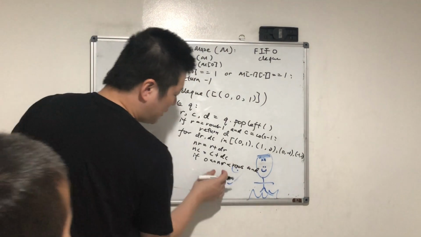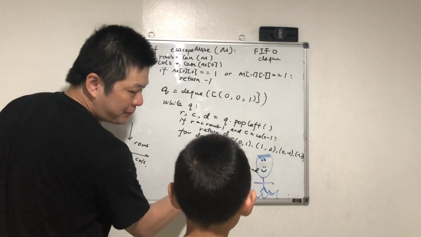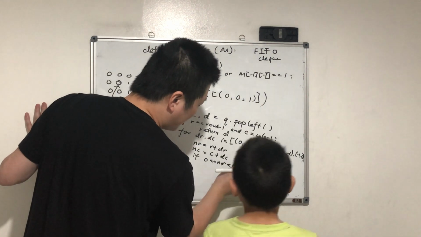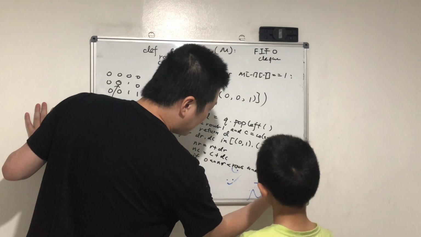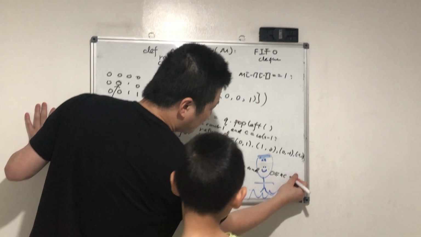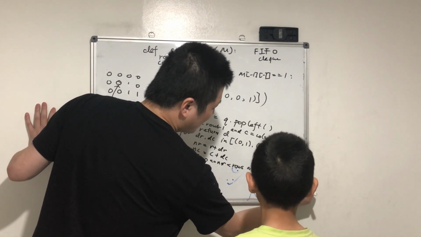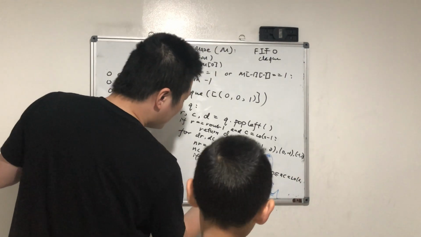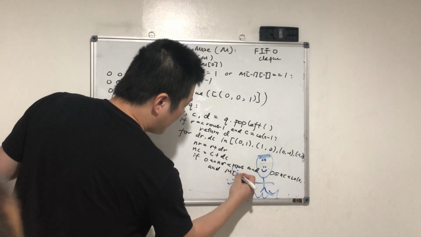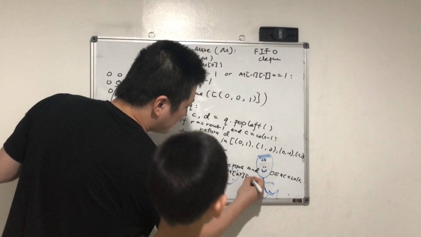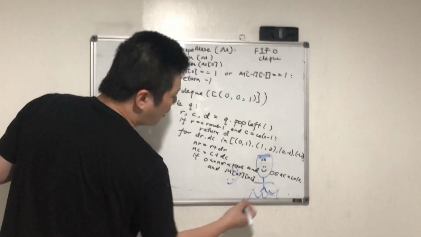The new row is between 0 and rows, and then NC, 0 is smaller than or equal to NC, smaller than columns, right? And also the new position NR, NC is not the wall.